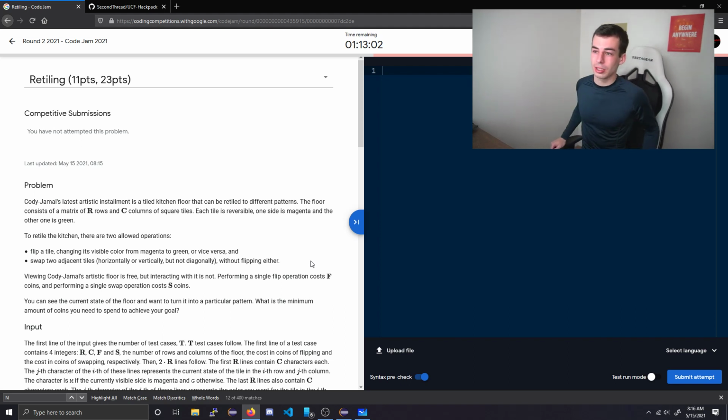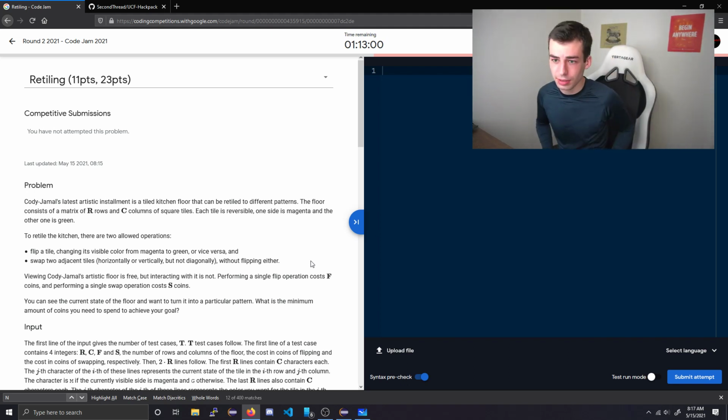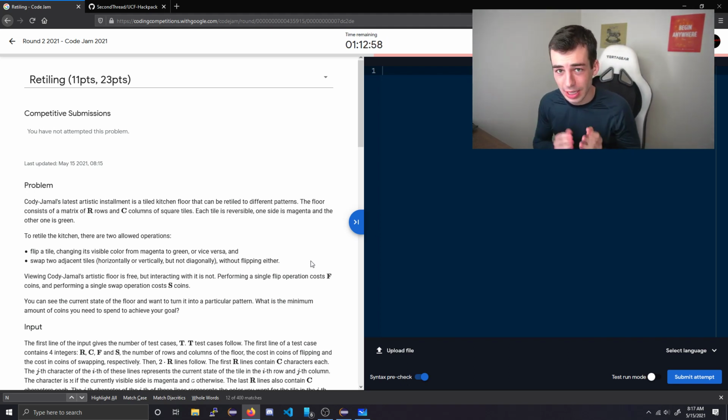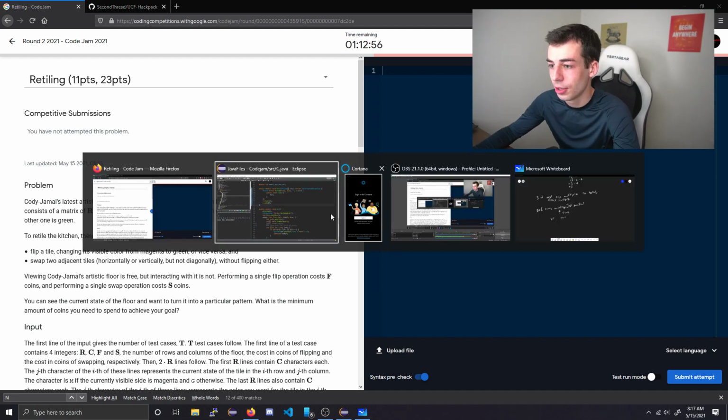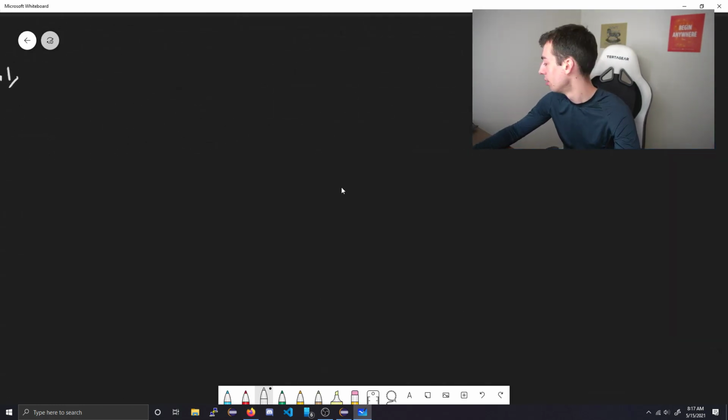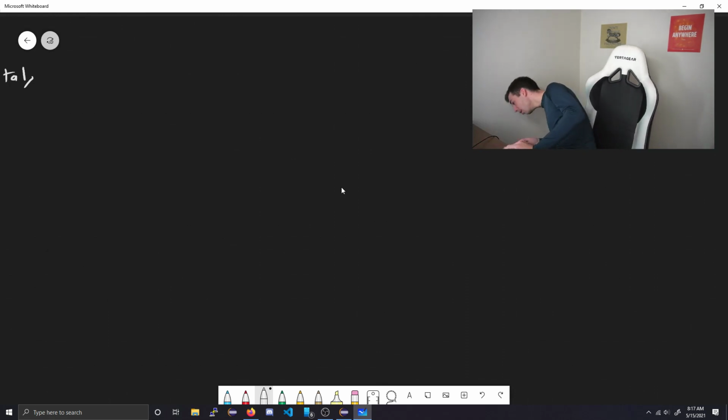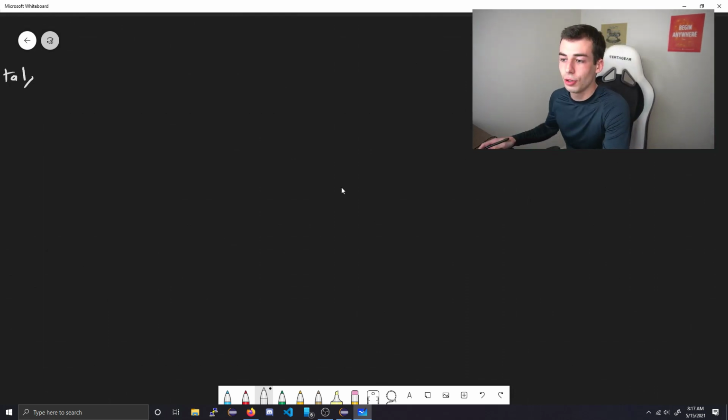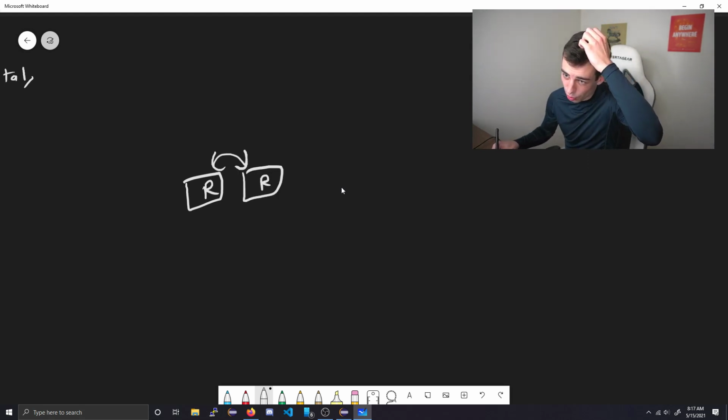So upon having a brain, I think I've realized this is the easiest problem in the set, if I'm understanding it correctly. Here's the reasoning of why. You're never going to swap, if these are both red, you would never swap these twice, right?